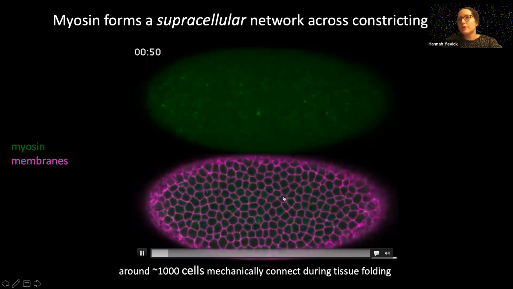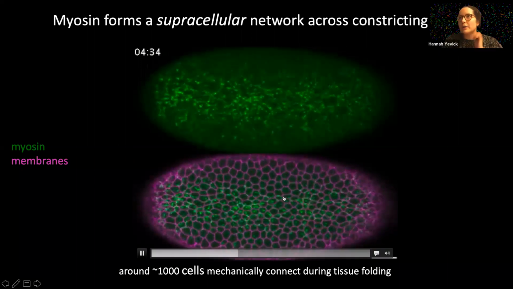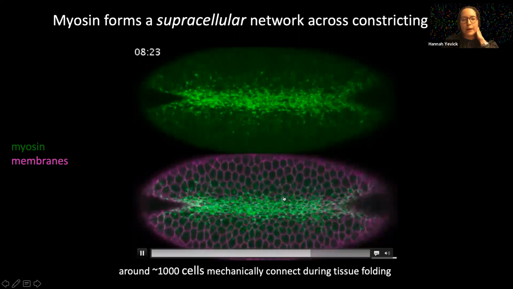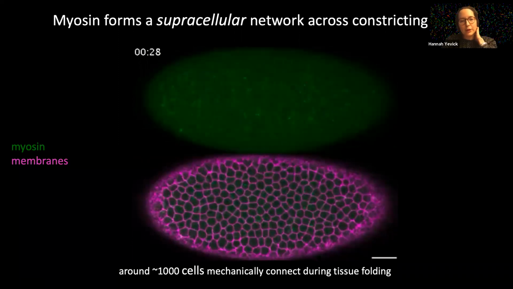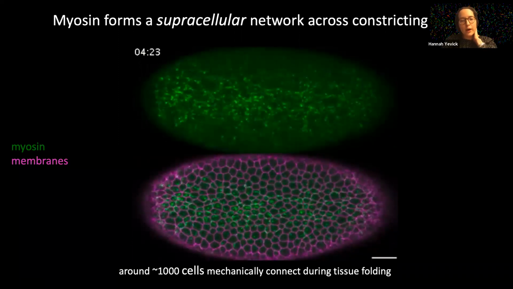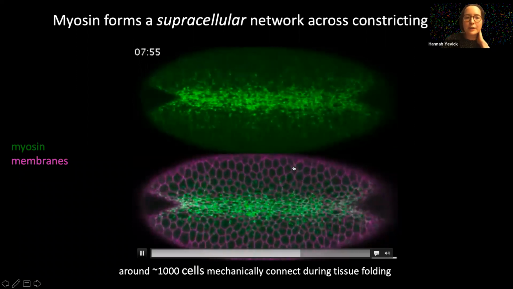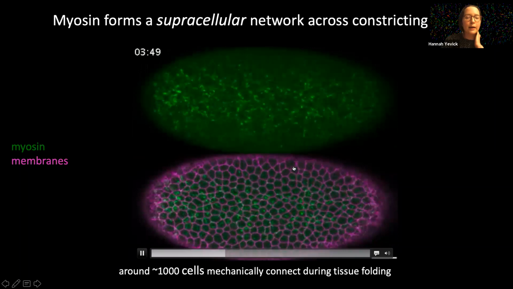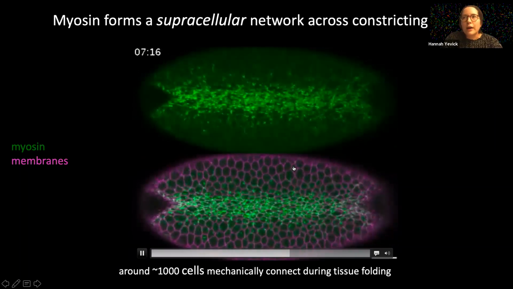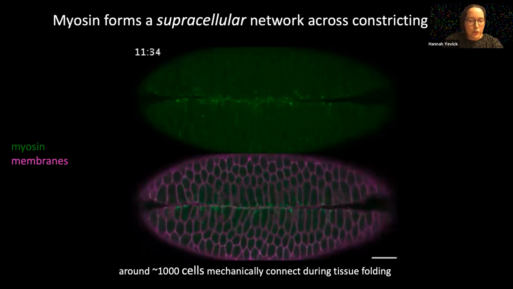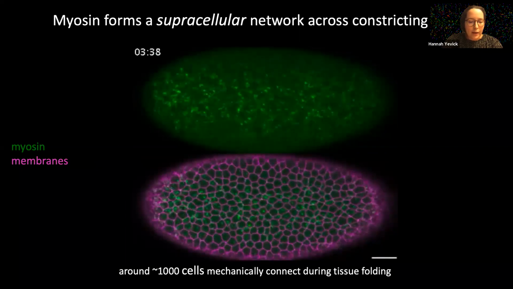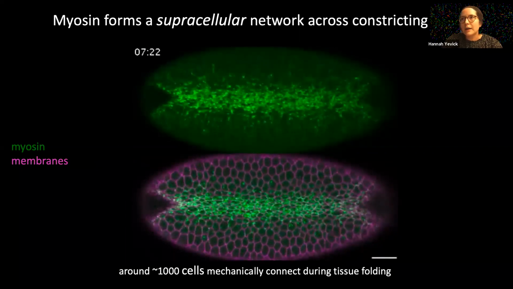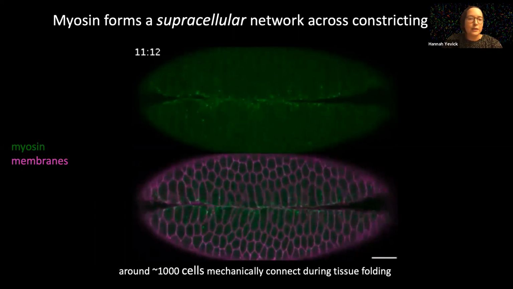Yeah. Okay. So we have the supracellular network, but the function of this network had really been poorly quantified and understood because you're dealing with a highly noisy image when you're thinking about imaging myosin, which is a subcellular localization, at the tissue scale.